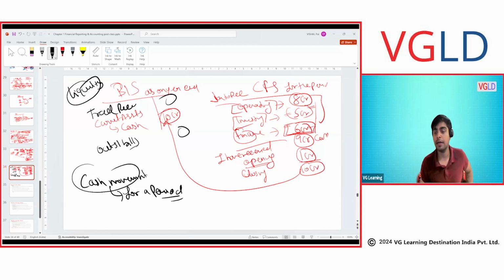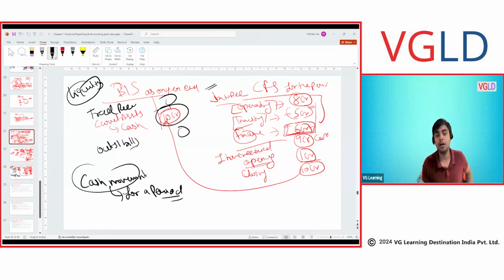To show the liquidity, you look at the cash flow statement, understanding where the cash has come from, where it has gone, and how much cash we hold. And this cash would also reconcile with the balance sheet cash. You will understand it better once we introduce accrual accounting, the outstanding bills and non-cash expenses. Okay, Gautam?